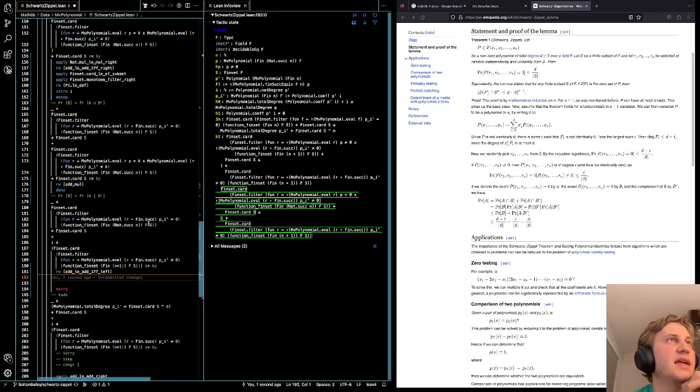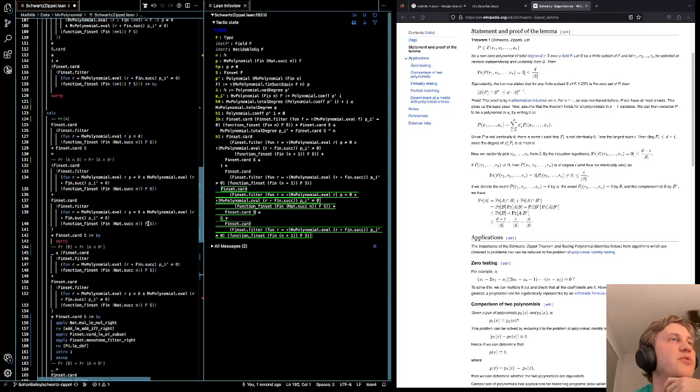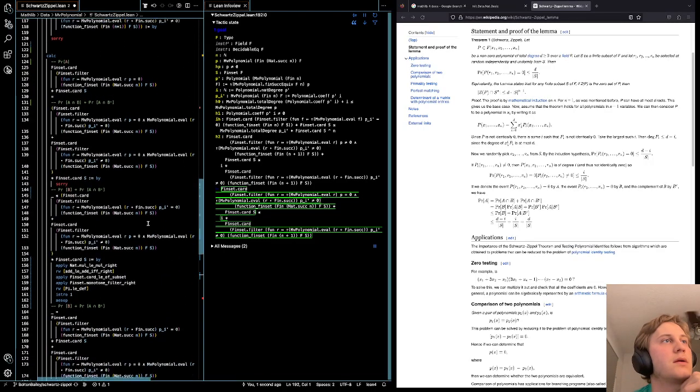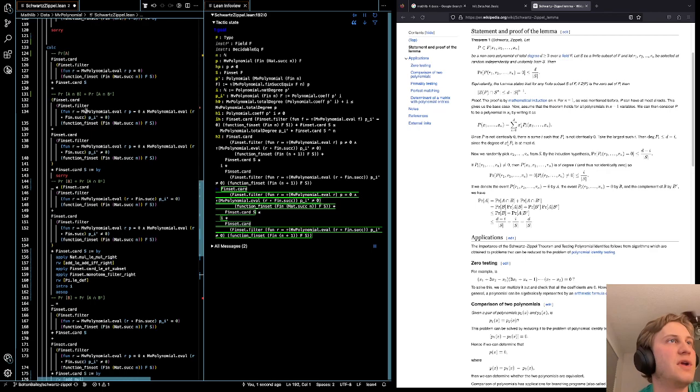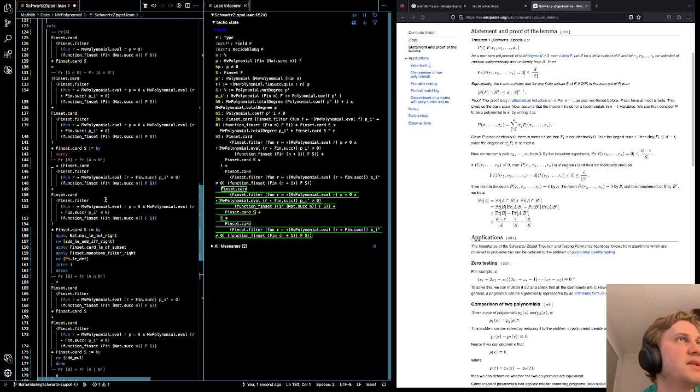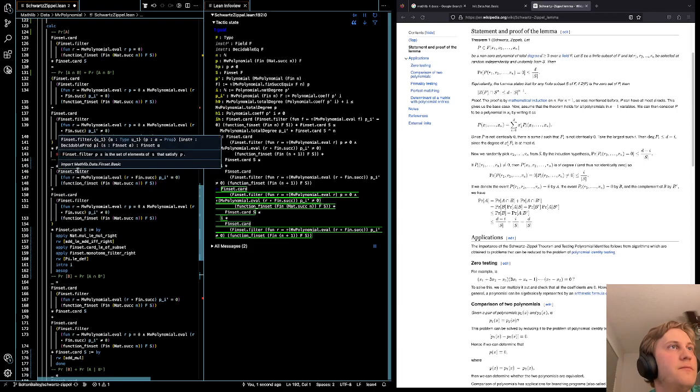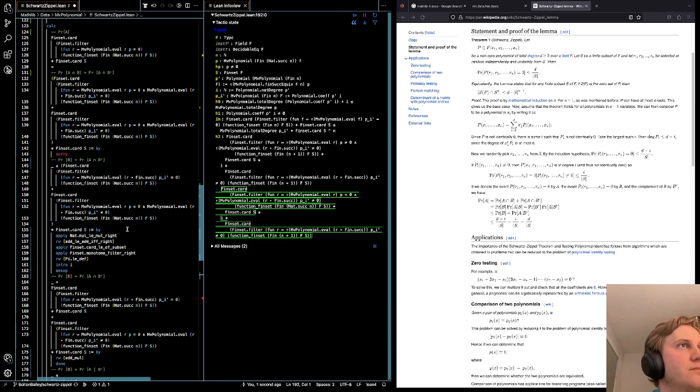And so the point is that here, when we introduce the probability B, we get to the probability of B, which we prove here, which is Finset.card, Finset.filter, all of this.